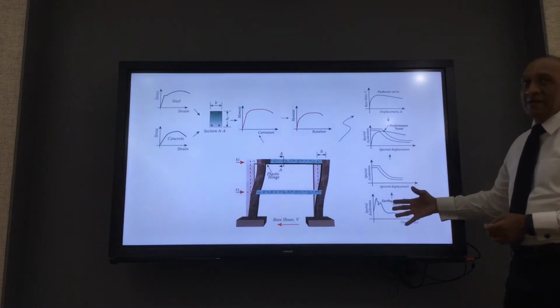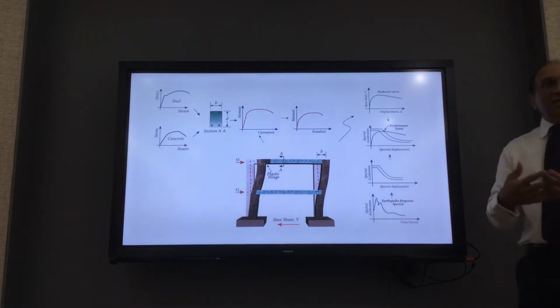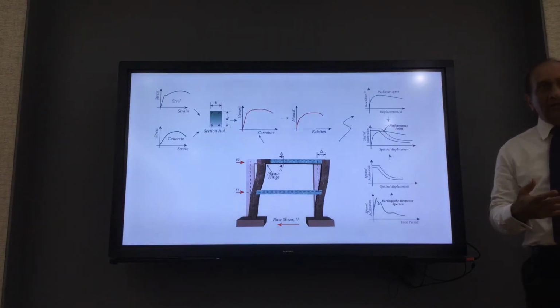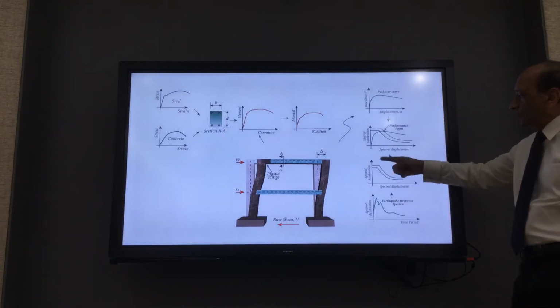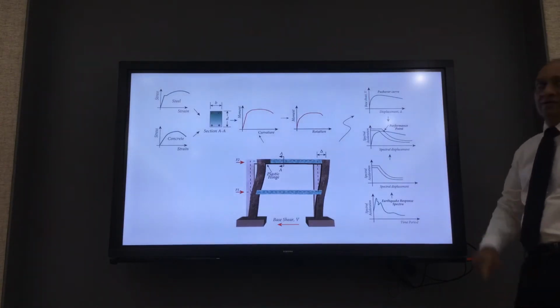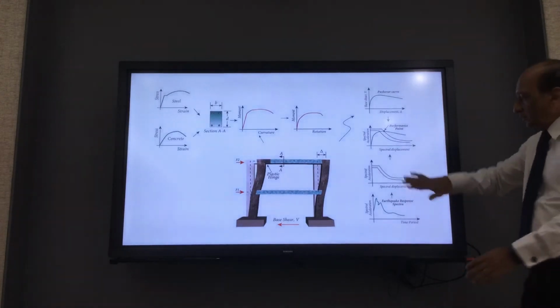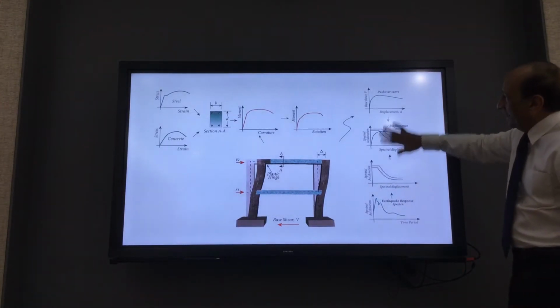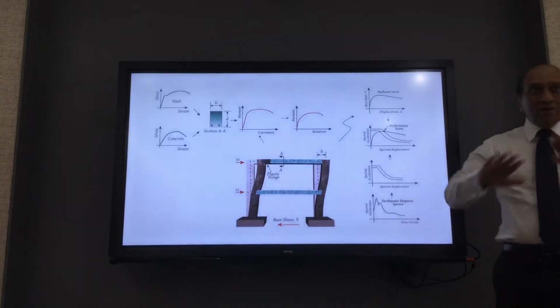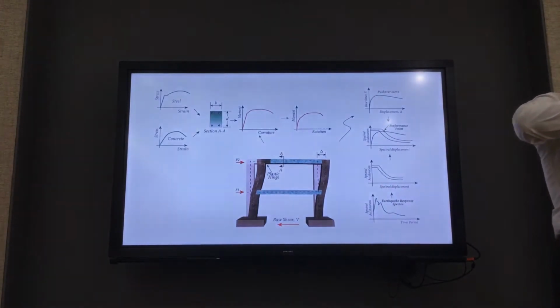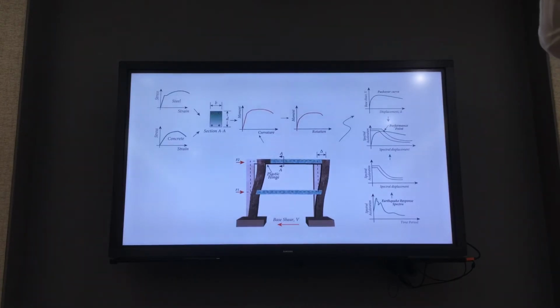So the response spectrum for a particular earthquake hazard level can be converted into a spectral acceleration and spectral displacement curve. Now, if you look at this one and this one, they are on the same coordinate system: displacement in one direction, force in the other. So we can put them together.